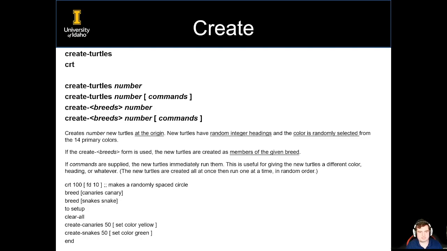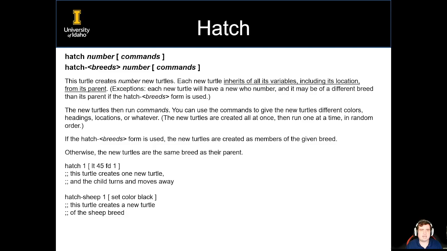So it's helpful. Hatch: this turtle creates a number of new turtles. Each turtle inherits all of its variables, including its location, from its parent, with the only exception being the who number. And it could be a different breed if the hatch-breed form is used. So if you have a wolf and then you have it hatch a sheep, it would be a sheep at that point in time.